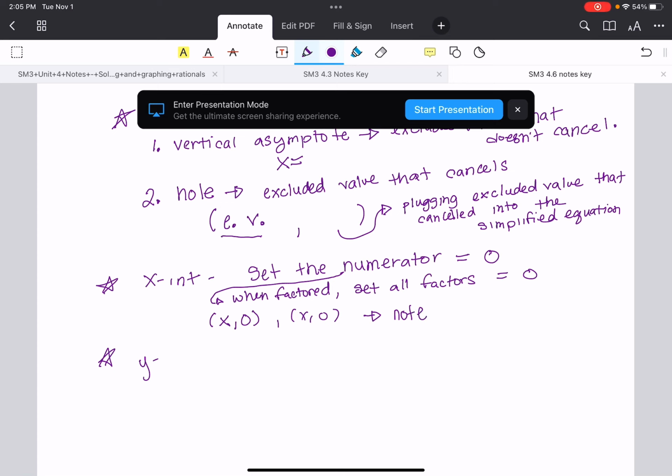For your x-intercepts, note the multiplicity. And your vertical asymptotes.